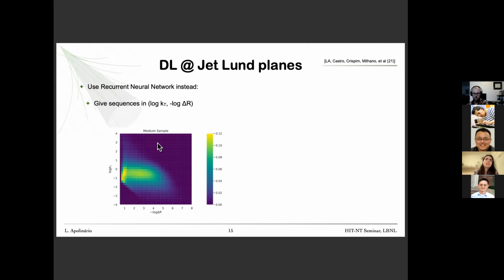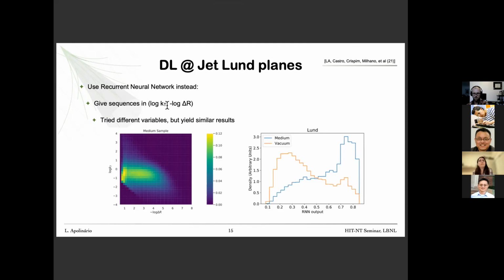And we give exactly this pair of numbers, the log of the transverse momentum and the log of delta R. In fact, we tried different variables, but they all yield more or less similar results. We also played a little bit with soft drop, and it didn't appear to change the resulting output much. Of course, the hyperparameters of the neural network were not optimized for this case.